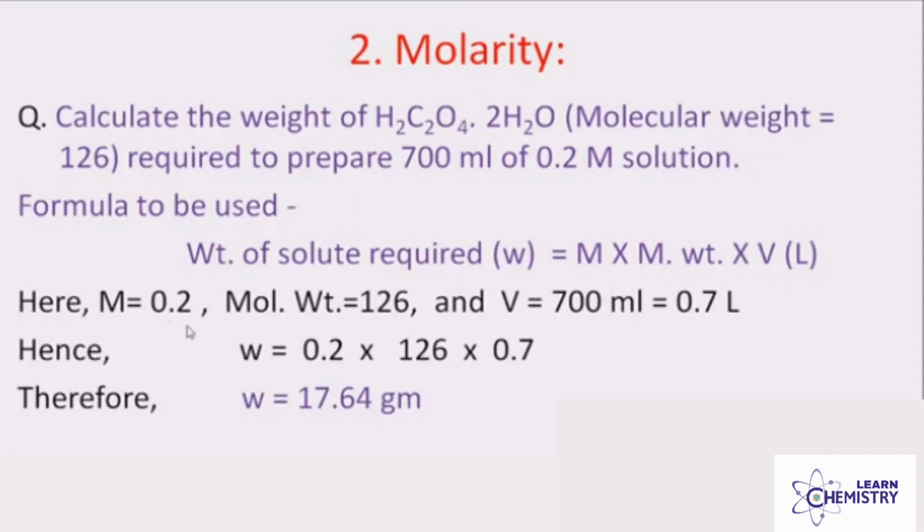So the molarity is given, that is 0.2, molecular weight of the solute is 126, and V, that is 700 ml, is 0.7 liters. So by putting all these values in this equation, W is equal to 0.2 into 126 into 0.7. So the answer is 17.64 grams.